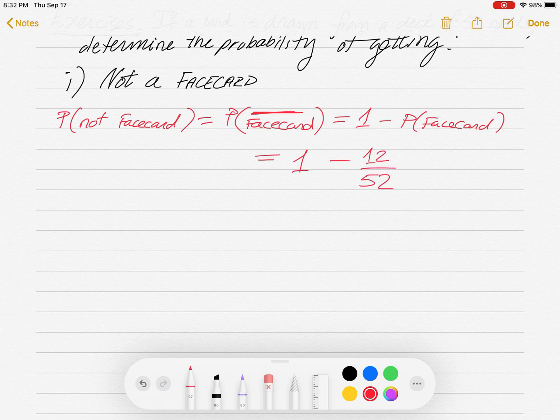So what we'll do, we'll have 1 minus, let's calculate 12 divided by 52 first as a decimal. It's going to give me approximately 0.231. I suppose I should use the approximately symbol since we rounded off to the third decimal place. Then we're going to subtract 1 minus 0.231. It's going to be approximately 0.679.